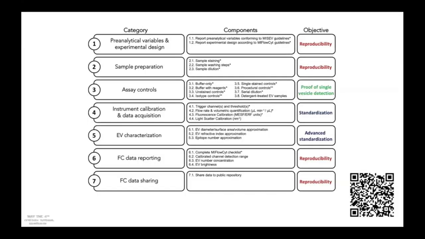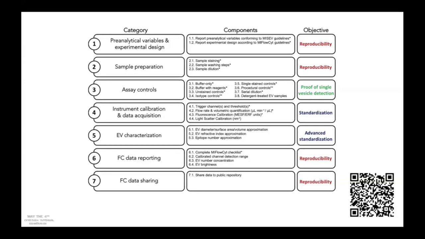So if we look at this table, it's split into 7 broad categories. The first 2 are around reproducibility, which are the pre-analytical variables and experimental design. So, how did you get your sample? How was it isolated? You'll then have your sample preparation with respect to flow cytometry. So how was it stained? And then we'll move on to assay controls.